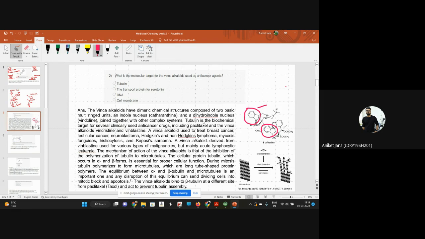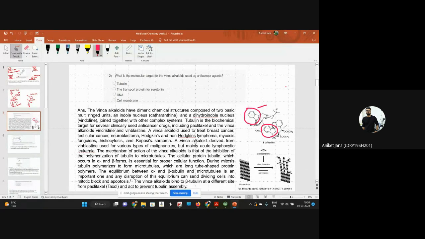Now, tubulin is the biochemical target for several clinically used anti-cancer drugs, including paclitaxel and the vinca alkaloids, vincristine, and many other drugs. Vinca alkaloids are used to treat breast cancer, testicular cancer, neuroblastoma, lymphoma, mycosis fungoides, and many other diseases.